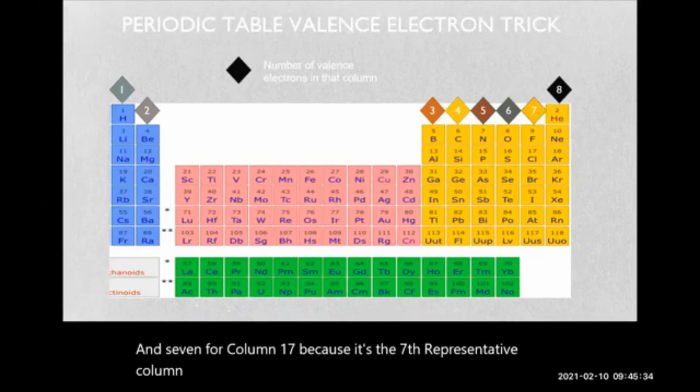Column 18, for neon through 118, is 8 valence electrons, and helium has 2.